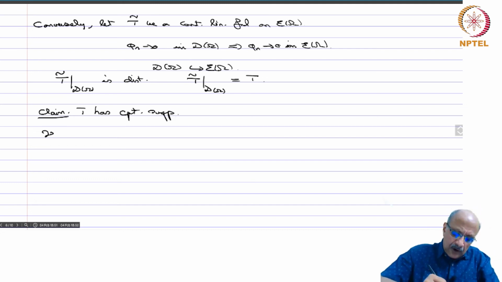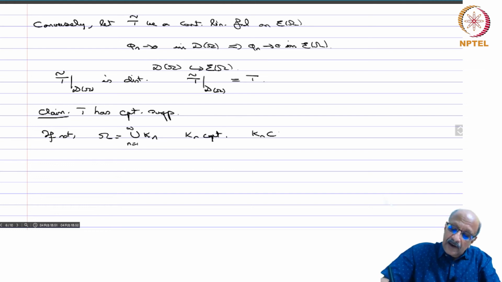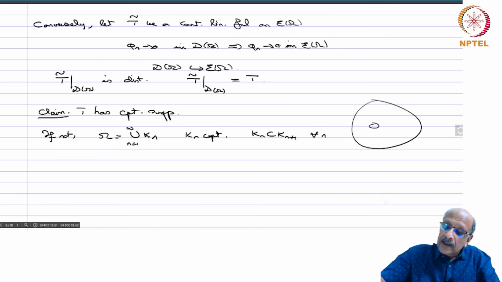If not, we can write omega as the union of Kn, compact, with Kn contained in Kn plus 1 for all n. So it's an increasing sequence. You have omega here, and I can take an increasing sequence of compact sets which cover omega.